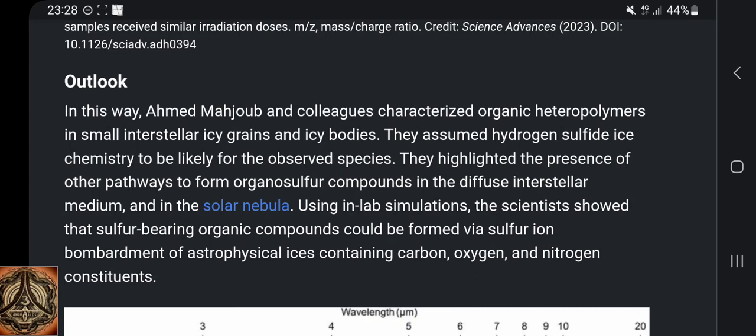They highlighted the presence of other pathways to form organosulfur compounds in the diffuse interstellar medium and in the solar nebula. Using in-lab simulations, the scientists showed that sulfur-bearing organic compounds could be formed via sulfur ion bombardment of astrophysical ices containing carbon, oxygen, and nitrogen constituents.